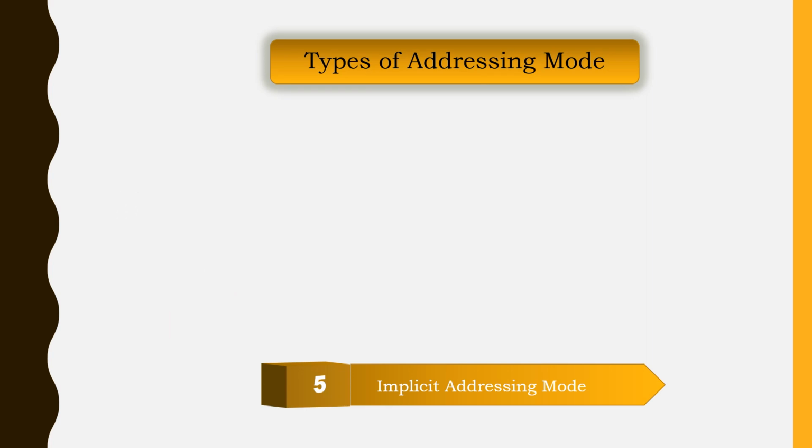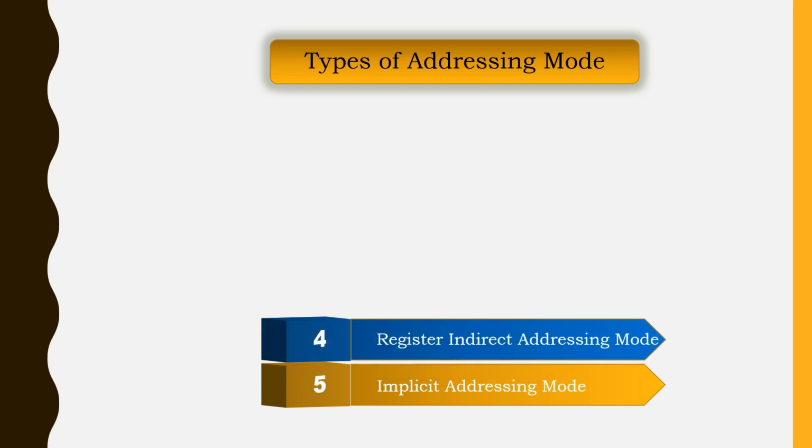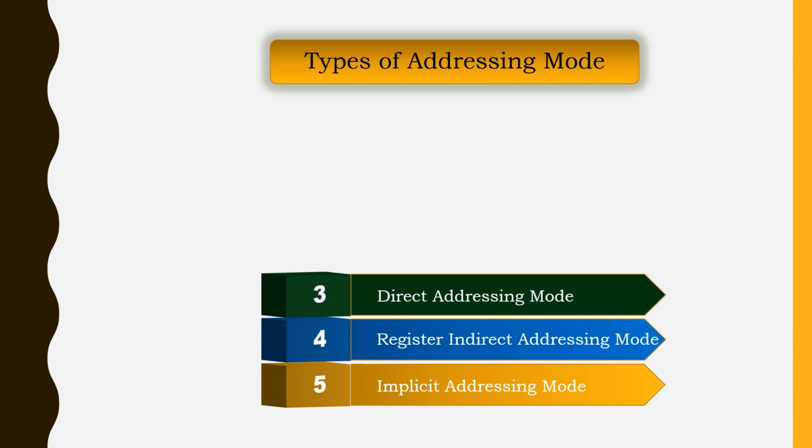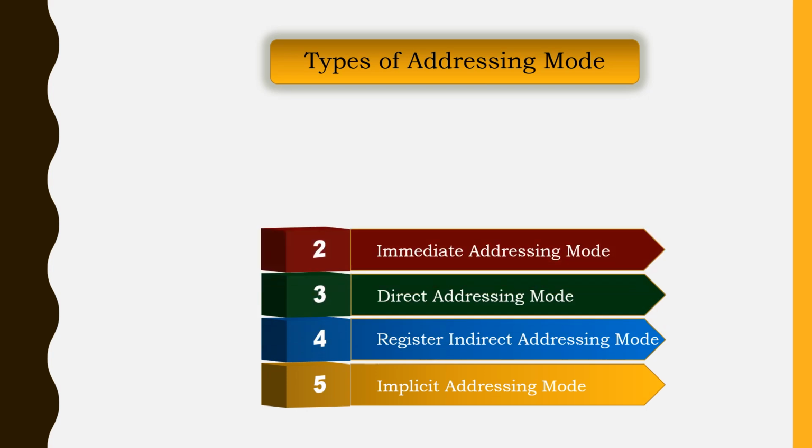Now here I will show you the types of addressing mode. We will start with the last one. The fifth one is implicit addressing mode. The fourth one is register indirect addressing mode. The third one is direct addressing mode. The second one is immediate addressing mode.